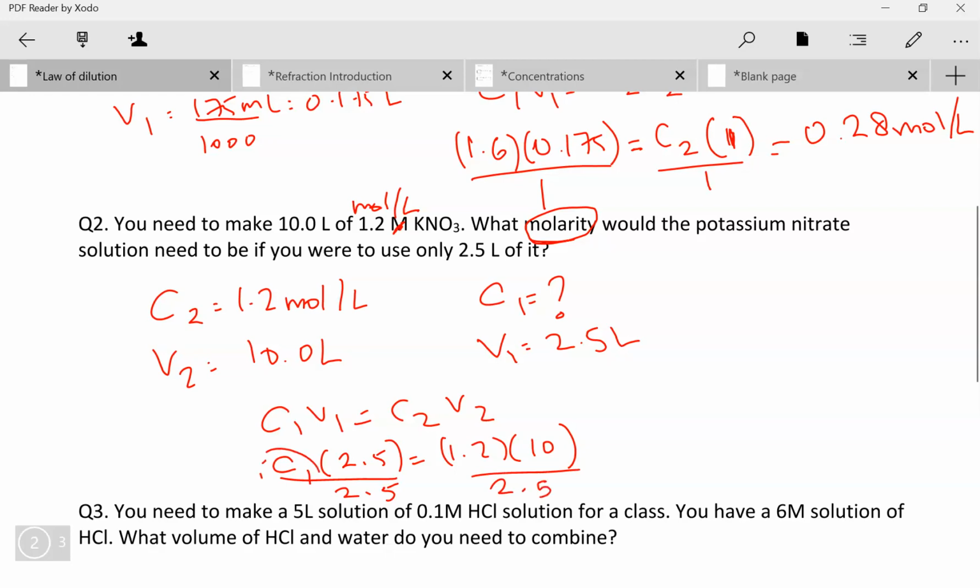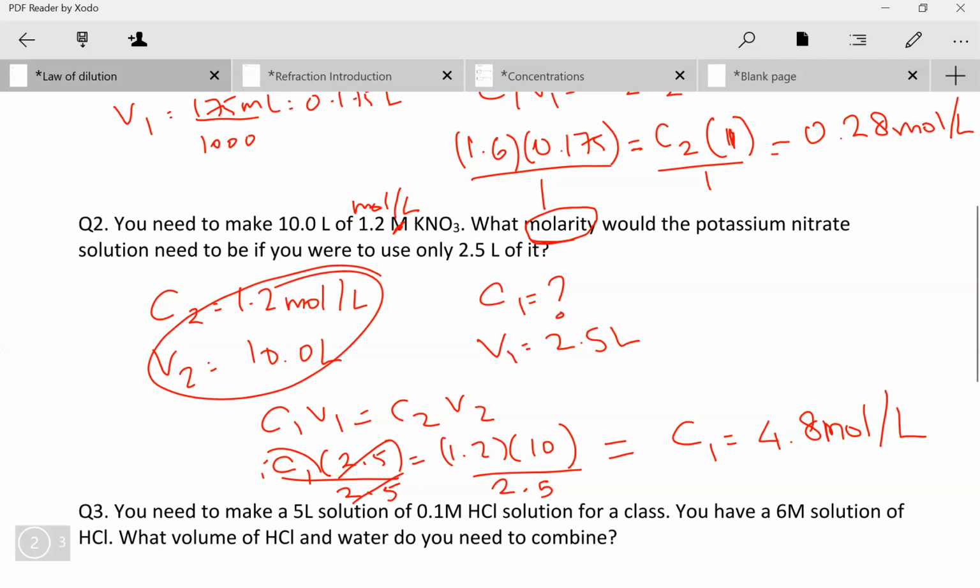I want to isolate C1. The 2.5 is multiplying into the C1, so I divided it out. That will leave me with C1 equals 4.8 moles per liter. That's the concentration I need to start with to get this diluted solution.